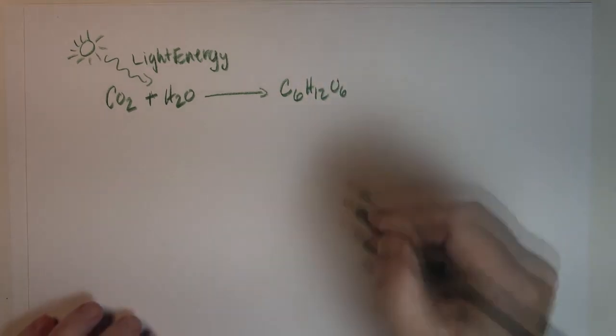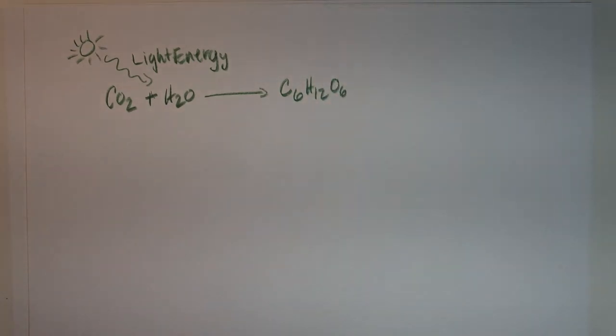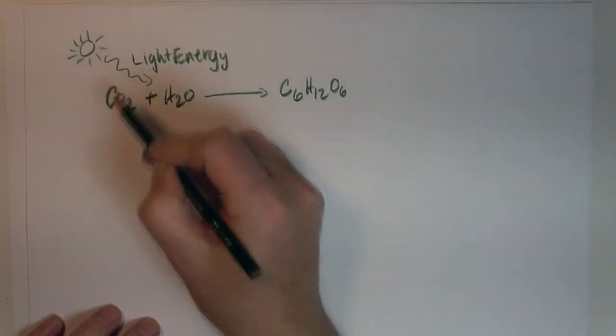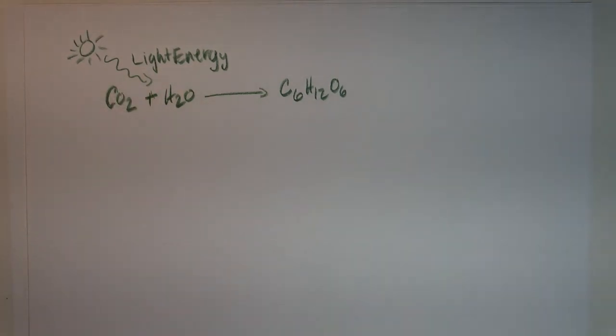C6H12O6. Now certainly you can make arguments that there are other products that they make, but we're going to focus on stuff that's very basic here. Let's take a plant as a typical autotroph. The carbon in the carbon dioxide that's pulled from the atmosphere is fixed into glucose.